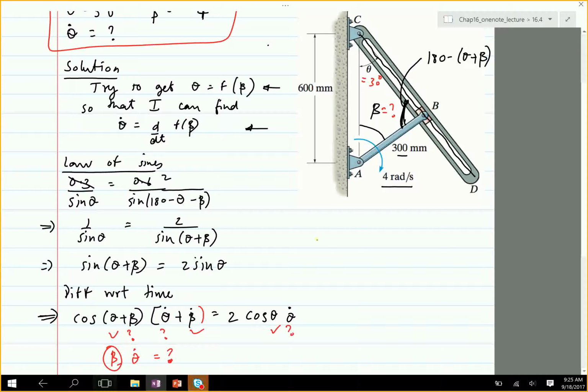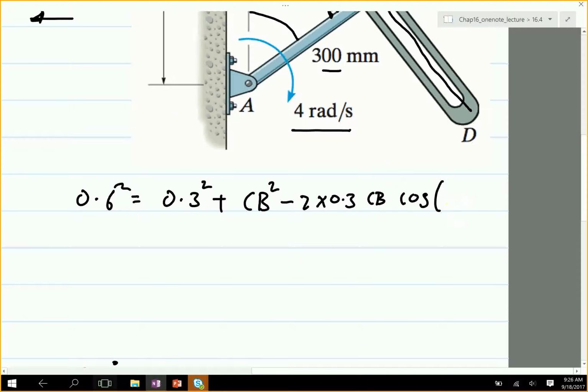So we can use it with this. 0.6 square equals 0.3 square plus, I need to call this side something, let's call it CB, minus 2 times 0.3 times CB times cosine of the angle opposite to 0.6, which is cosine of 180 minus theta plus beta.